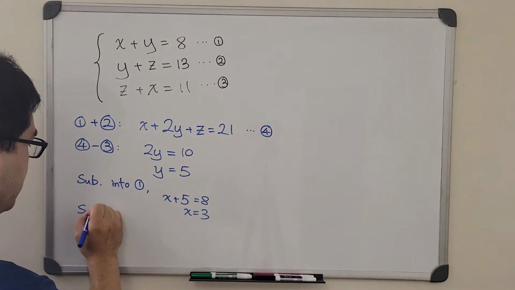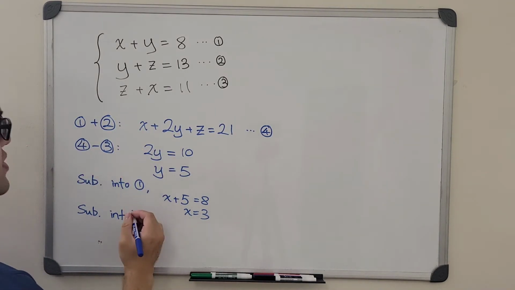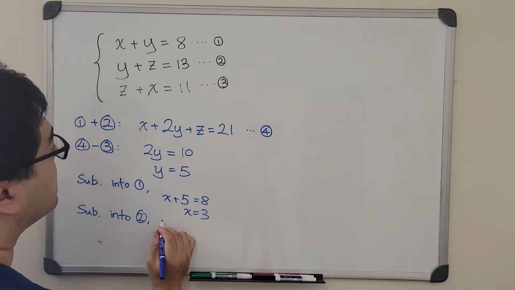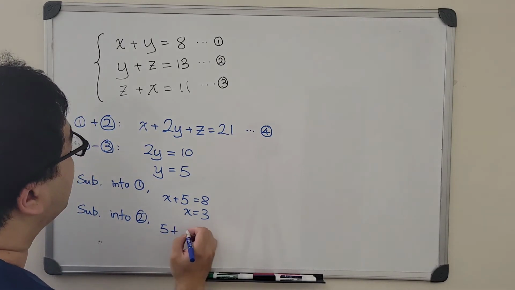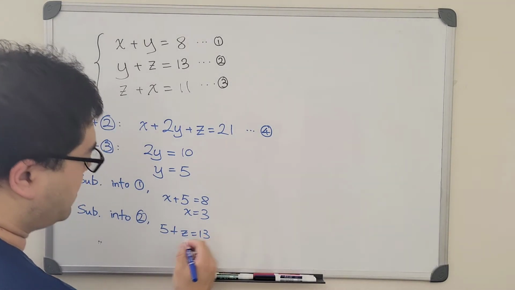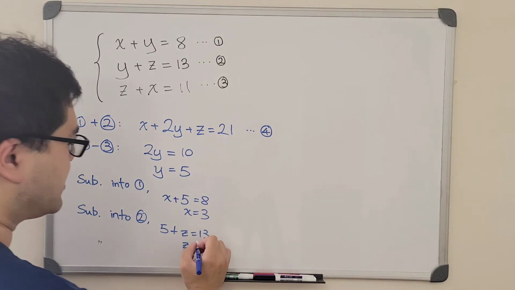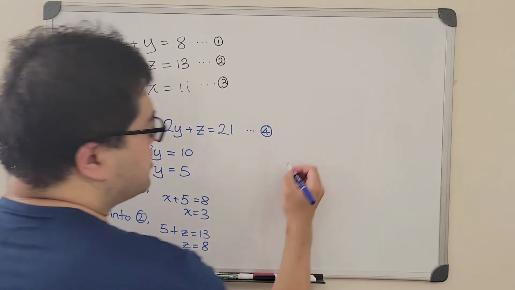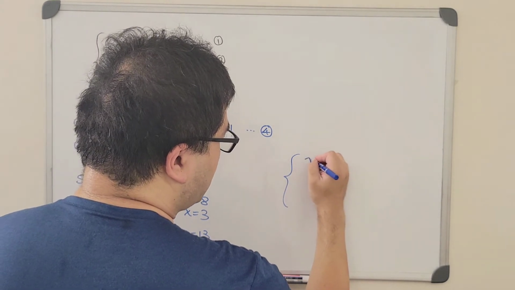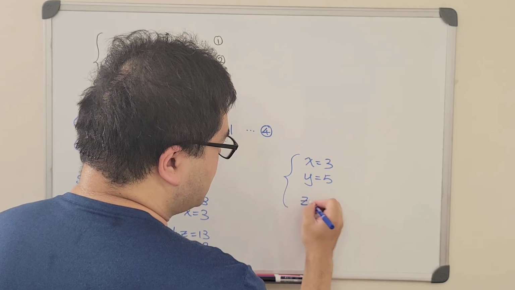And if we substitute y equals 5 into our second equation, we now get 5 plus z equals 13. If we subtract 5 from both sides, we get z equals 8. So we get our answer again: x equals 3, y equals 5, and z equals 8.